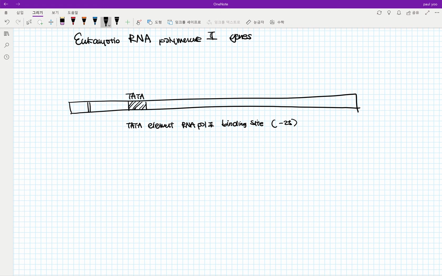There will be URE, the upstream regulatory element, and this is going to be the transcription start site +1, and after that there'll be 5' UTR, and this is going to be exon 1, intron 1, exon 2, intron 2, exon 3, and exon 3 includes 3' UTR, and there will be transcription termination.